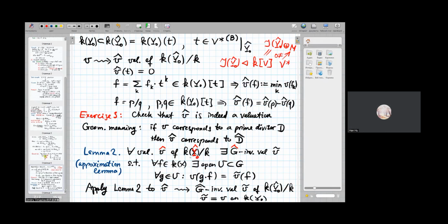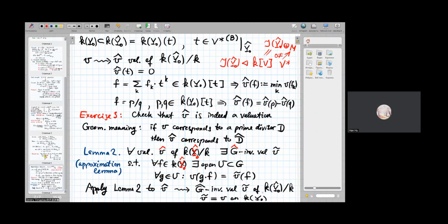The claim is that you may replace this V hat with another invariant valuation, V tilde, such that this property will hold. So when you apply it to v hat, in the formulation of the lemma you replace x with y naught hat, and that's all. So you get this v tilde. It is already a G hat invariant valuation of this function field.